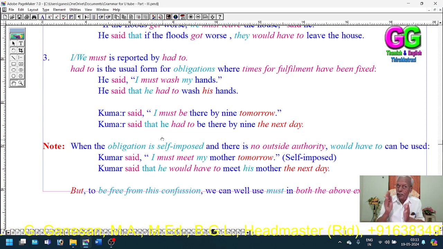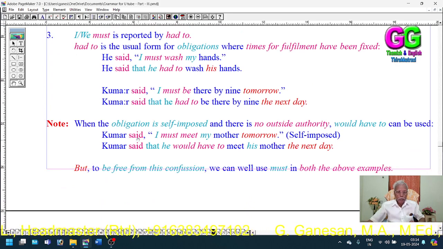But when there is no outside authority, we can use would have to for must. Kumar said, I must meet my mother tomorrow. Self-imposed. Kumar said that he would have to meet his mother the next day.